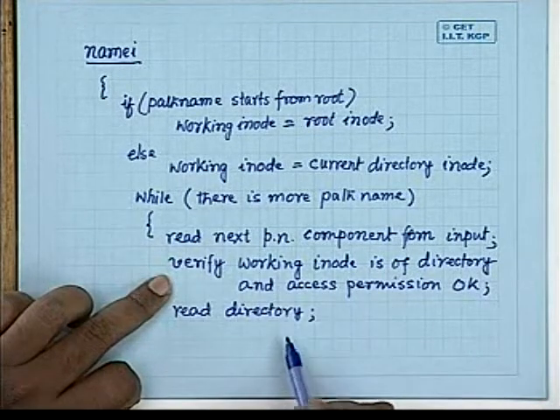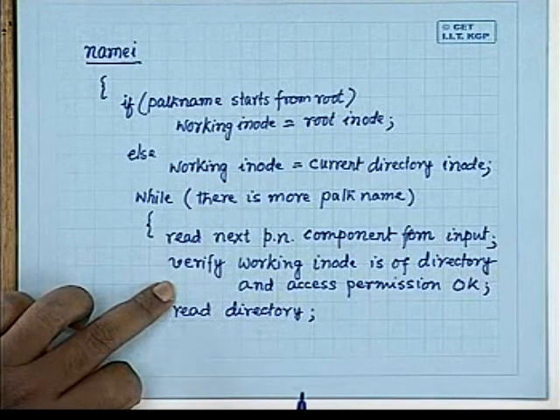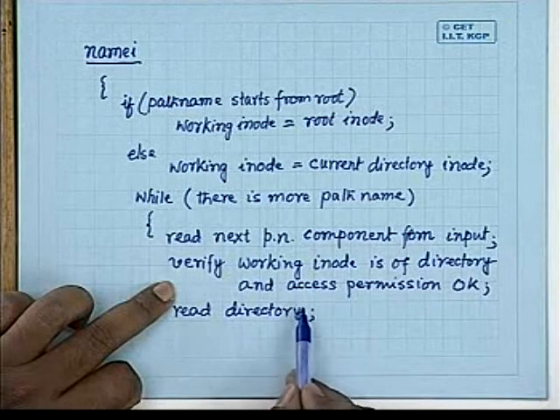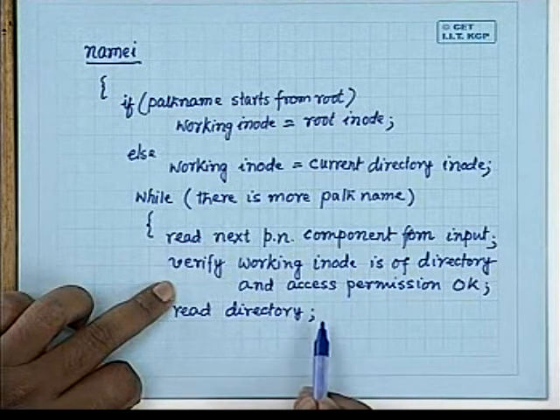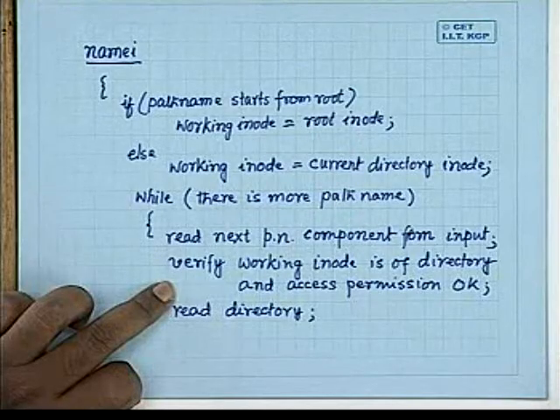In case of a directory, you can search within the directory if you have execute permission on the directory. So execute permission on a directory and execute permission on a file is slightly different. Execute permission on a file means you can execute the file, whereas in case of a directory, the execute permission means you can search in the directory.